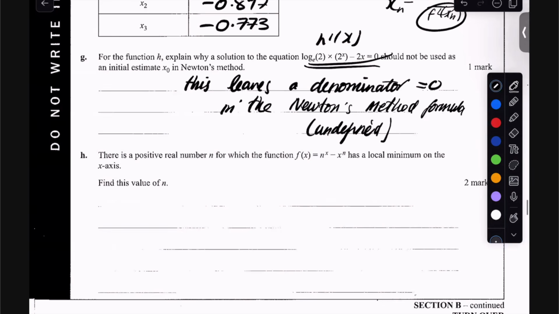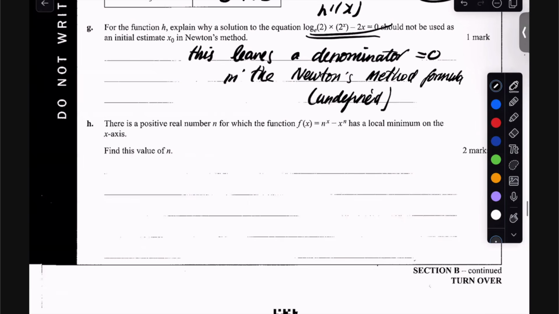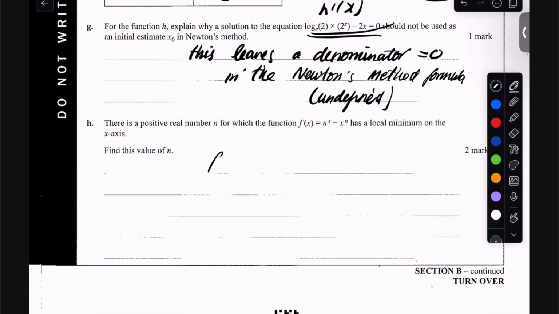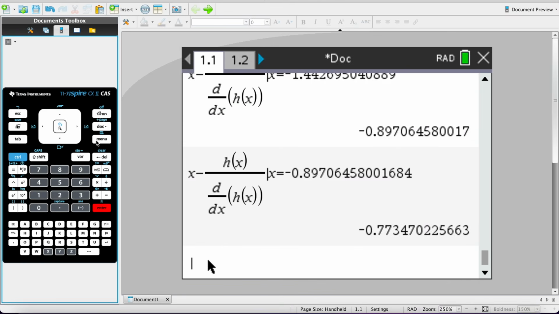There is a positive real number n for which the function has a local minimum on the x-axis. Find this value of n. So I guess you can solve the derivative equal to 0, and hope, I don't think the CAS is going to work that one out. Let's see.